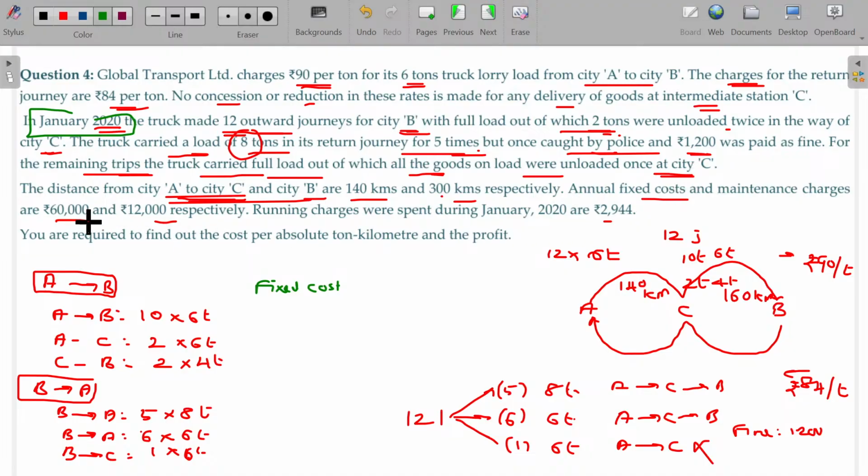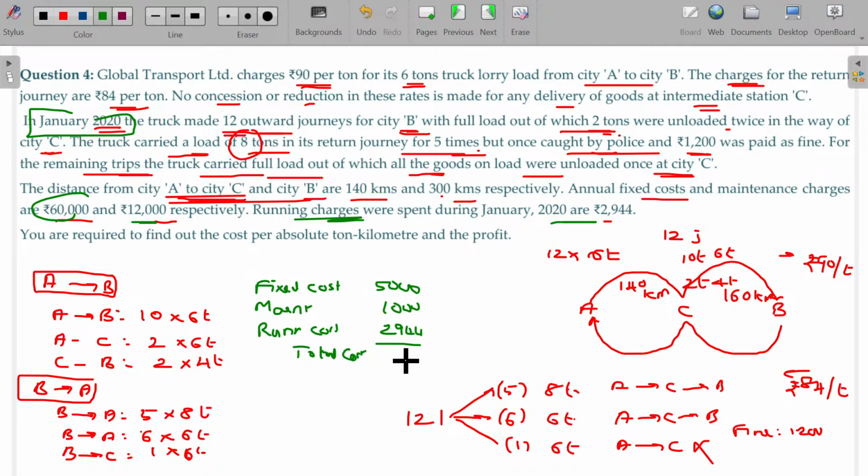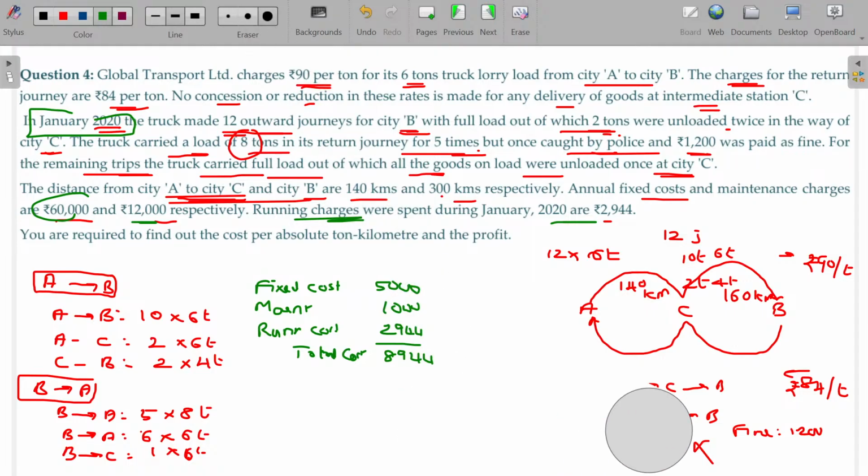Fixed cost being 60,000 per year, on a monthly basis it is 5,000 rupees. And 12,000 is for the maintenance. Then it is 1,000 per month. Running charges spent during the period being 2,944. This is running cost. Total cost being 8,944. 8,944 will be the total cost. Is that clear?